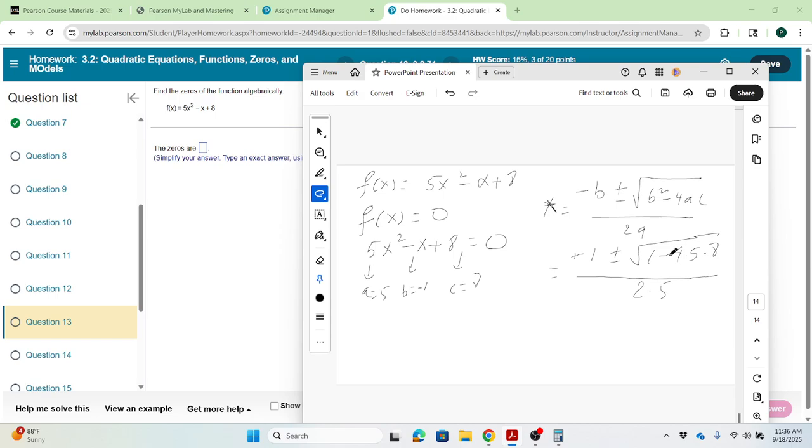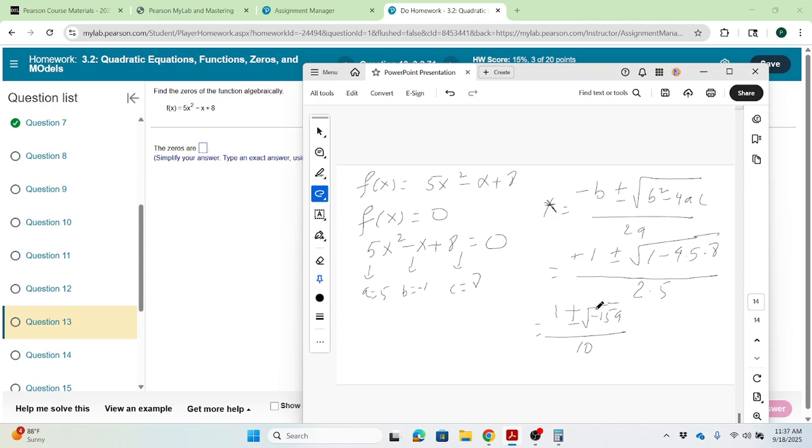So this is 1 plus or minus, and this is the negative value, 160. So it's negative 159, I guess. 1 minus 160 is negative 159, divided by 10. So this is an imaginary number. The solution is supposed to be an imaginary number.